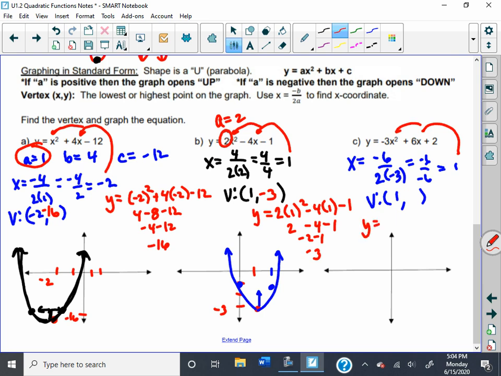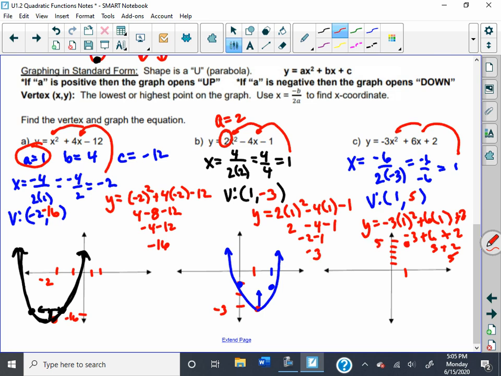Negative 3 times 1 squared plus 6 times 1, plus 2. So 1 squared is 1, times negative 3 is negative 3, plus 6 plus 2. Negative 3 plus 6 is 3, plus 2 is 5. So this has a vertex of positive 1, 5.